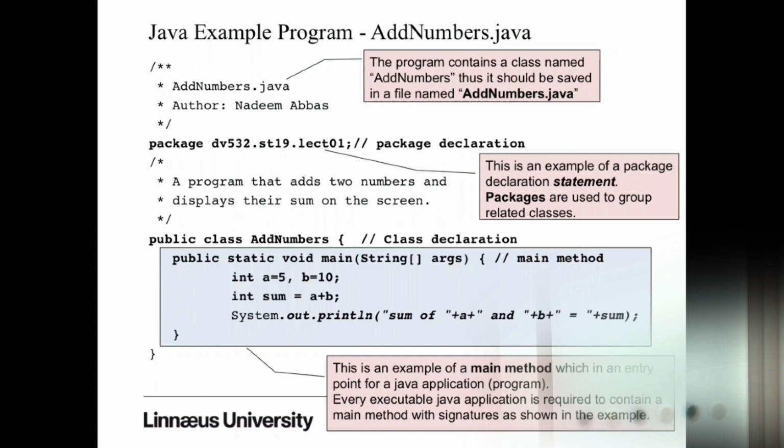We will learn what public means in the next lectures, and the static keyword as well. Then you have a set of instructions, statements over here. As a comment, you have written: a program that adds 2 numbers and displays their sum on the screen.